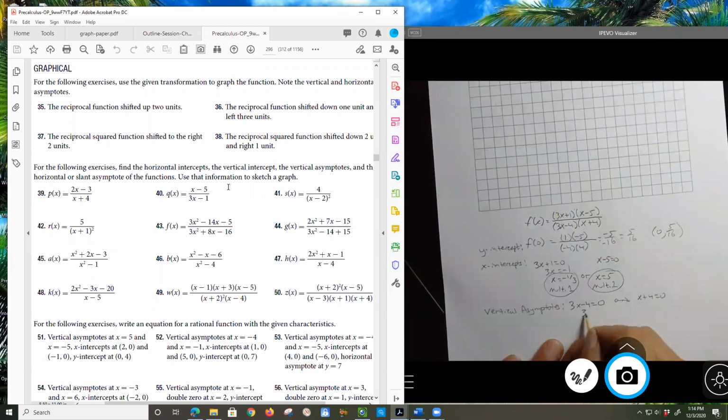Okay, so I got 3x equals 4, adding 4 to both sides. So x is 4/3. And over here, x is negative 4. Now, what's the multiplicity? Just 1. So let's make a note of that. Multiplicity of 1.